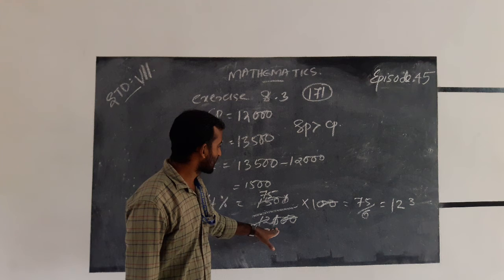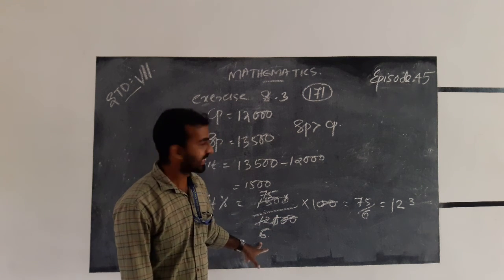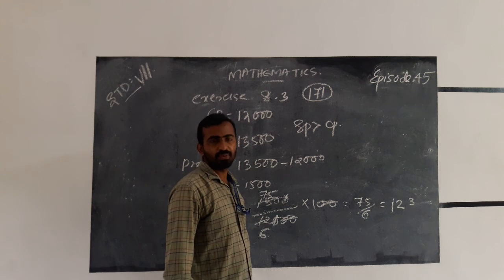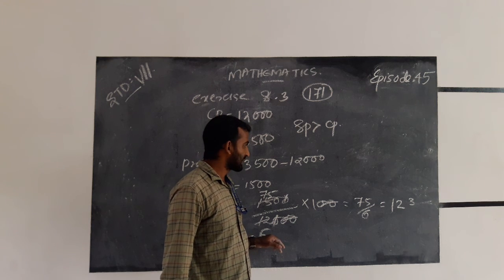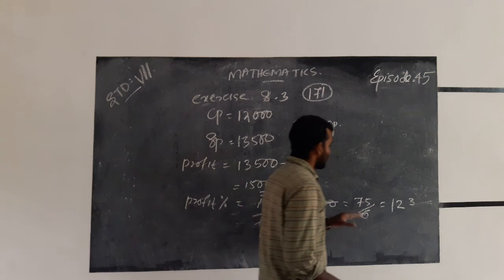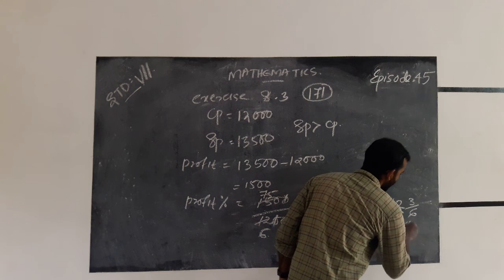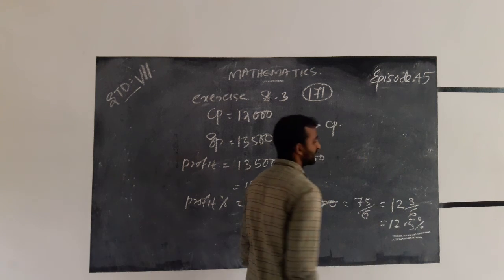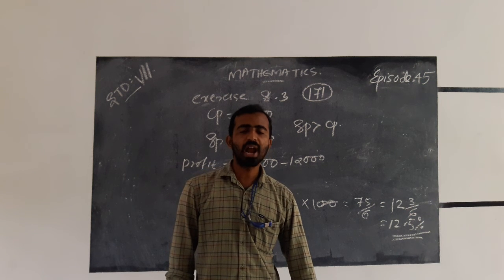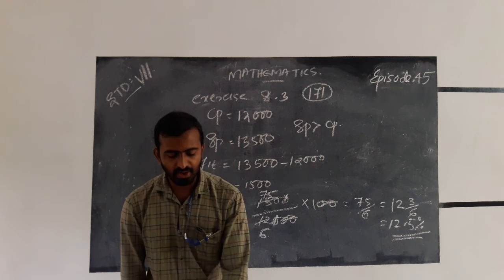We also simplify the zeros in 1,500. We simplify 12, that is 6 we get, and 150 means 75. That is 75 by 6, which means 12 and 3 by 6, and it is 12.5%.